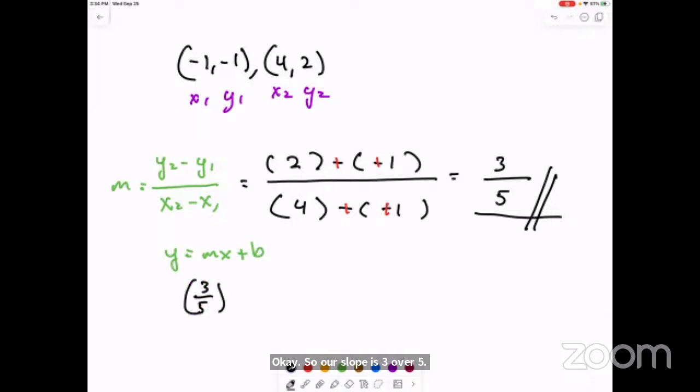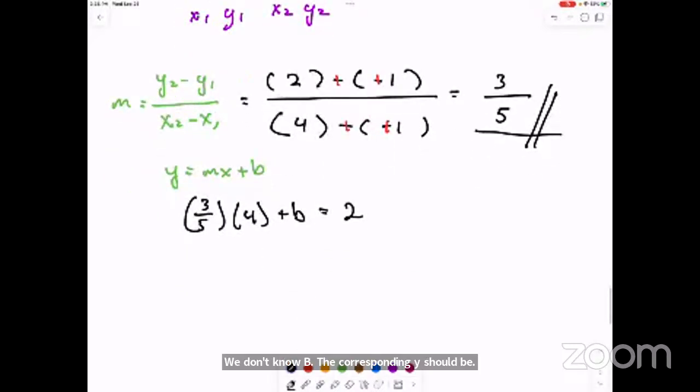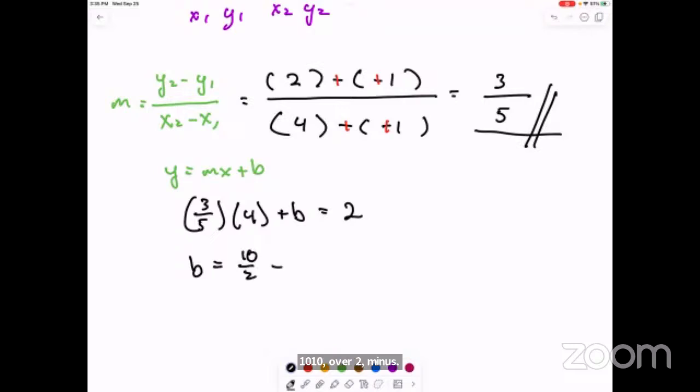I'm going to use the second point just because it has no negatives. So when x is 4, we don't know b. The corresponding y should be 2. So then b is going to equal 10 over 2 minus 4 times 3 is 12. Sorry, that's not right.